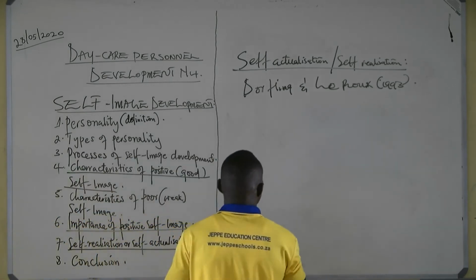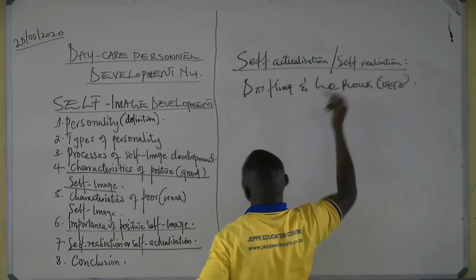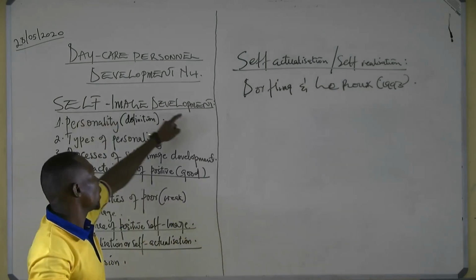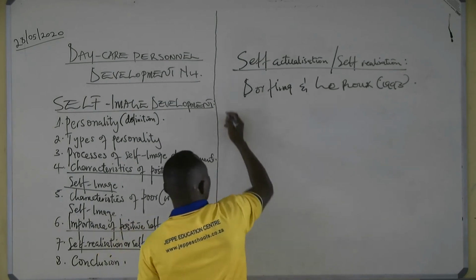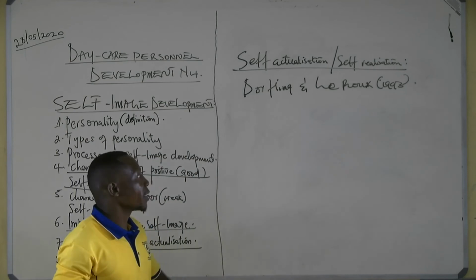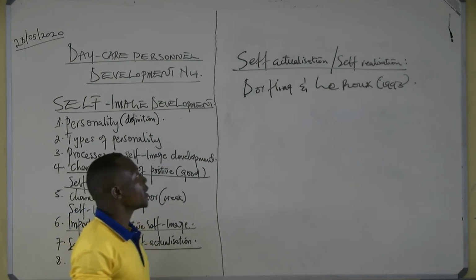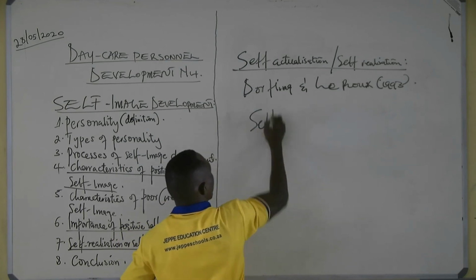So they tried to connect with the other two men that I talked about, Viviaz and Van Schalkwijk, to give their views by connecting self-actualization or self-realization to self-image development.